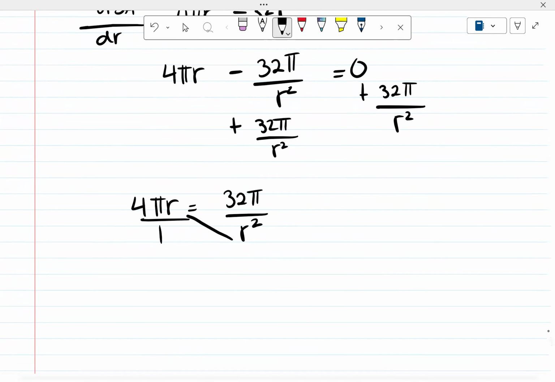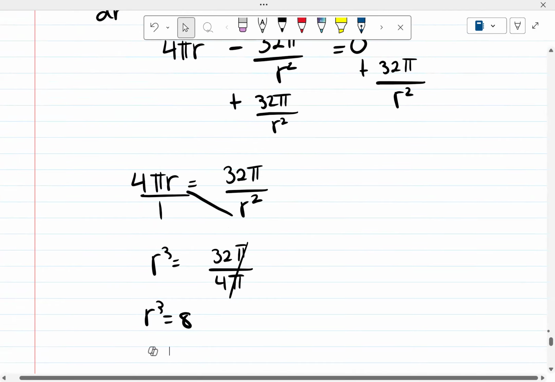So when you cross multiply, we're going to get r cubed equals 32 pi over 4 pi. The pi's cancel, so you're left with r cubed equals 8, and then r equals 2.